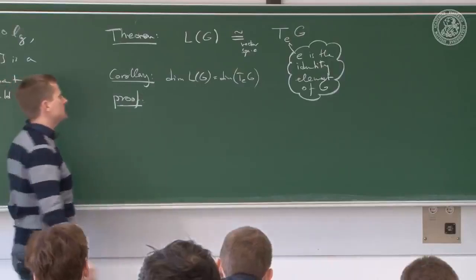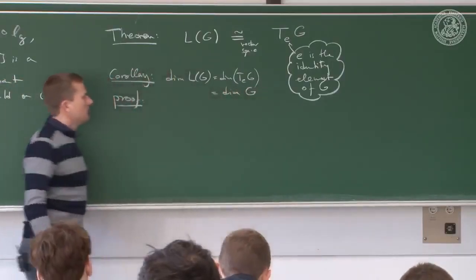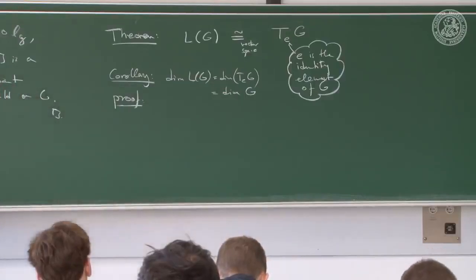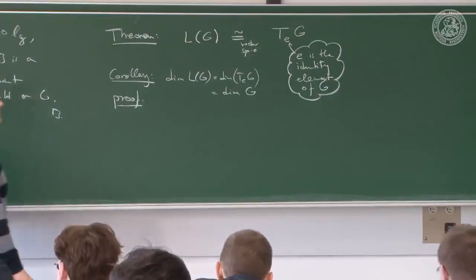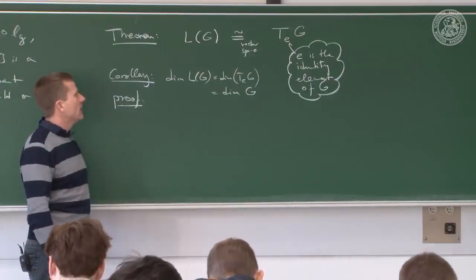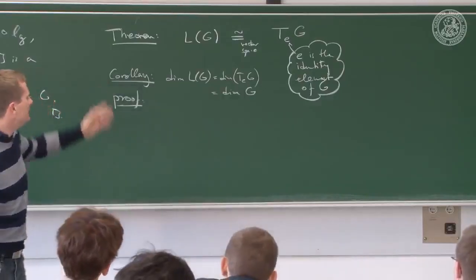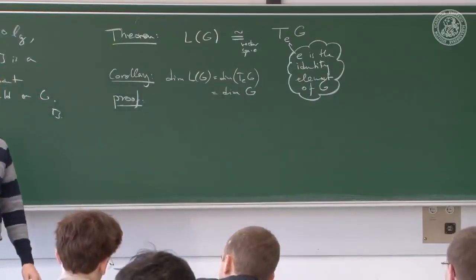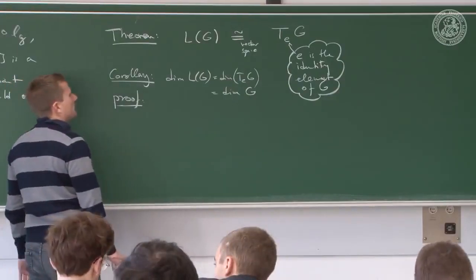It's, again, a vector space dimension. But that's, of course, the same as the dimension of the manifold, because the tangent space as a vector space has the manifold dimension of the underlying manifold. And, well, if this is a finite dimensional manifold, then the Lie group is finite dimensional. Okay? So that's the corollary.